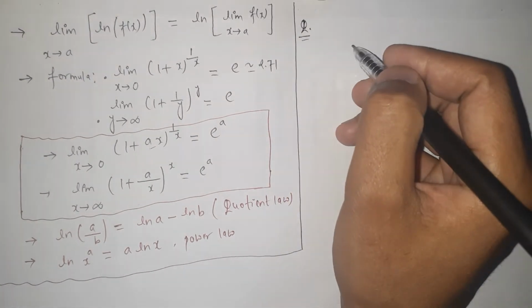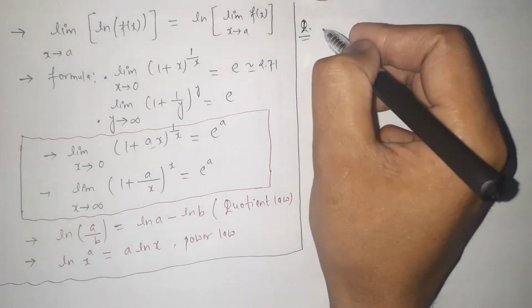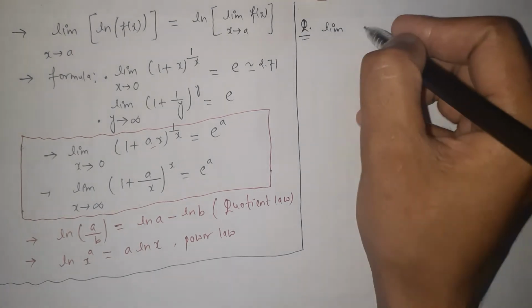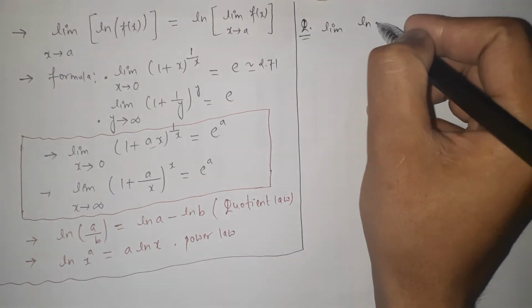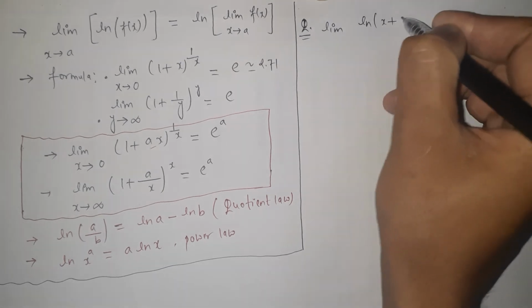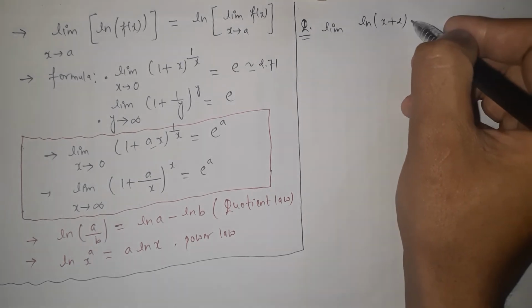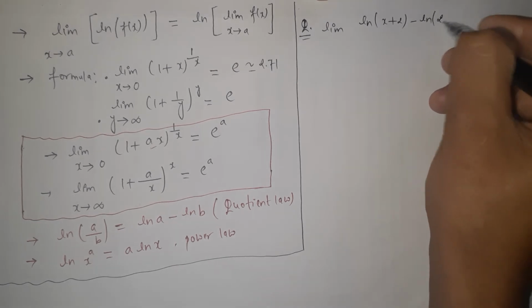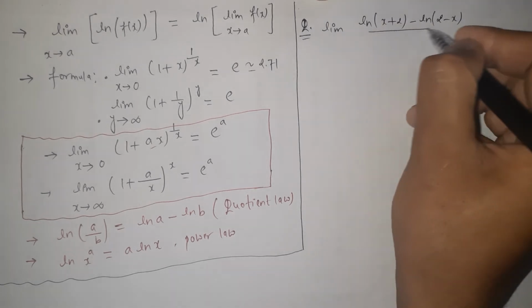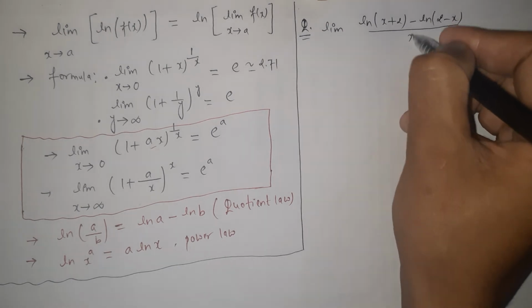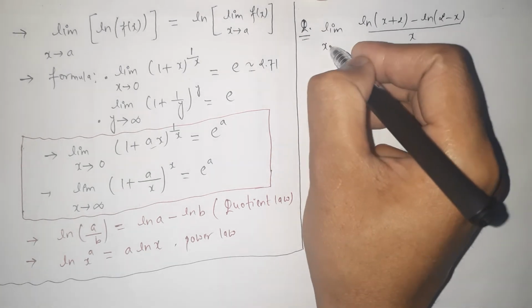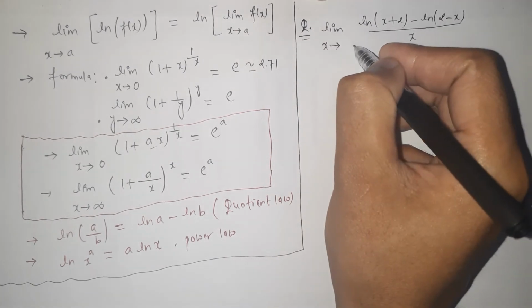Question 1: find the limit of the function ln of x plus 2 minus ln of 2 minus x over x, where the variable x approaches 0.